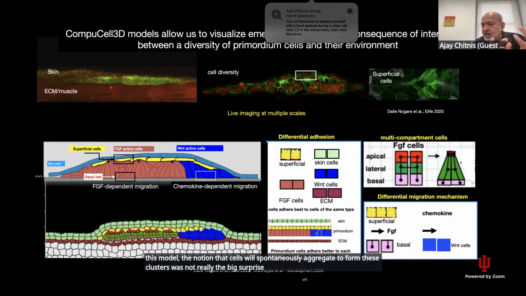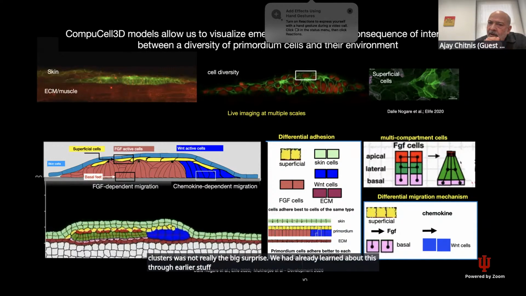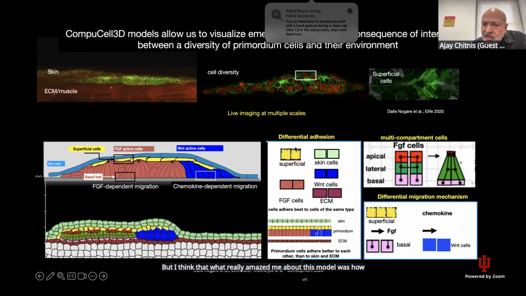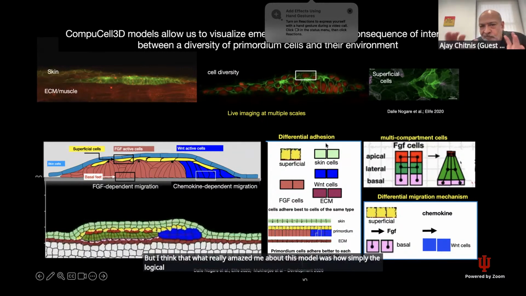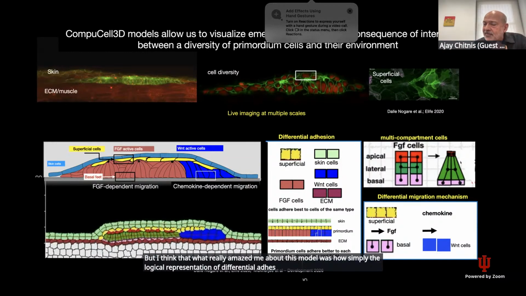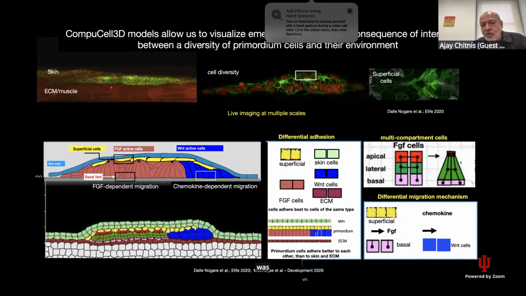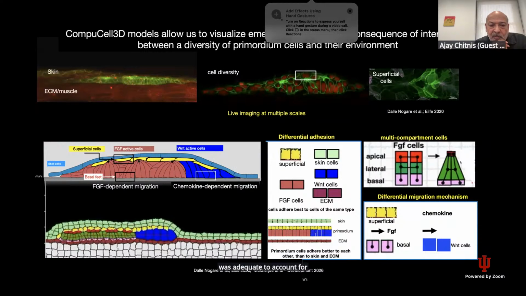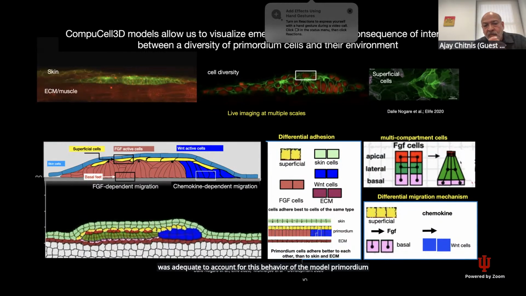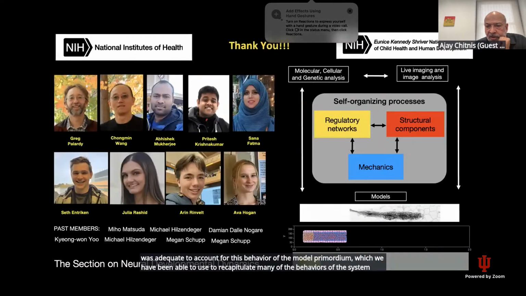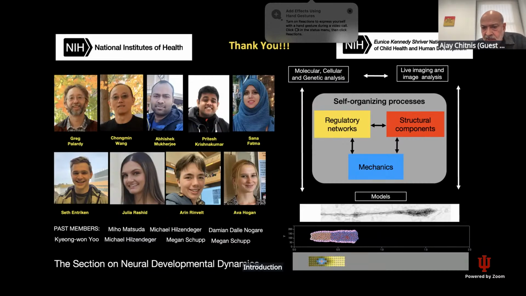We had already learned about this through earlier work. But what really amazed me about this model was how simply the logical representation of differential adhesion between the different cell types, which Abhishek is going to describe to you, was adequate to account for this behavior of the model primordium, which we have been able to use to recapitulate many of the behaviors of the system. So that's really all I wanted to show you in this introduction, and I can stop sharing and take questions.